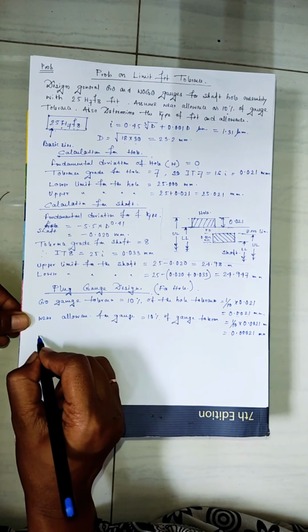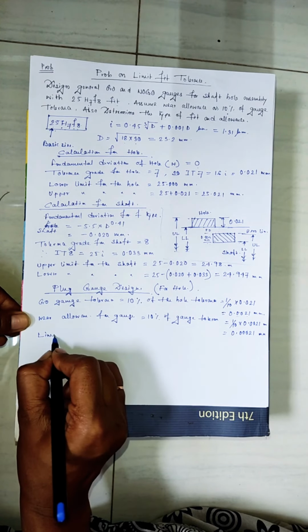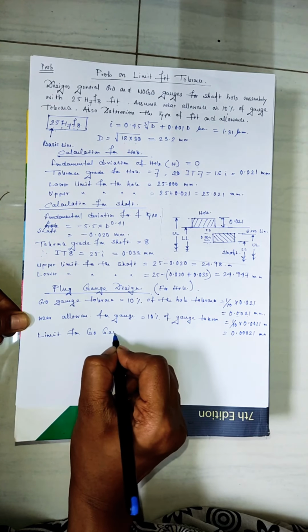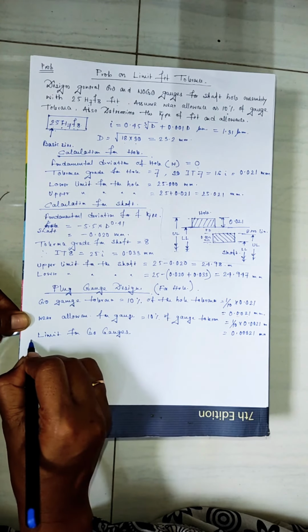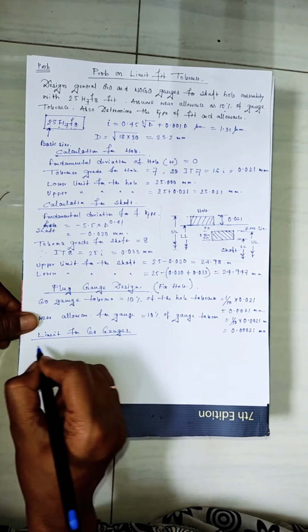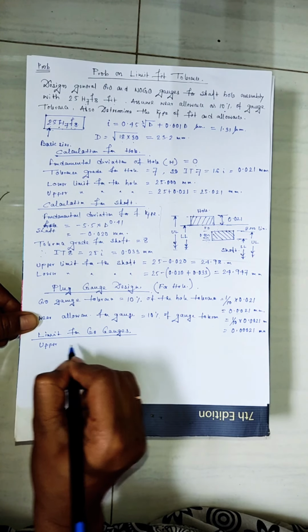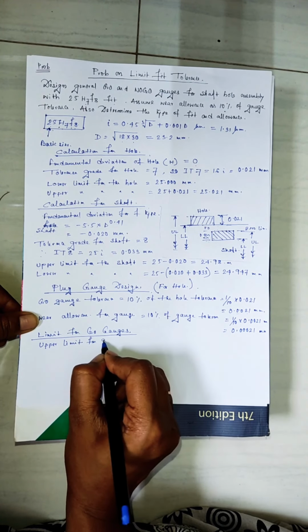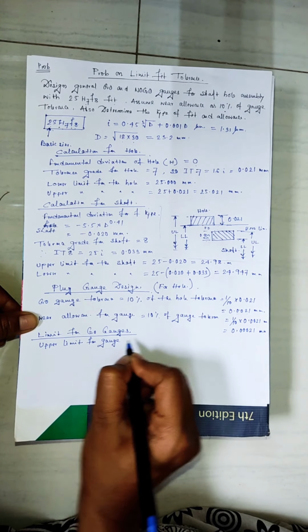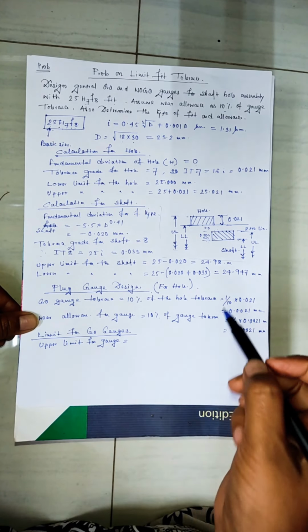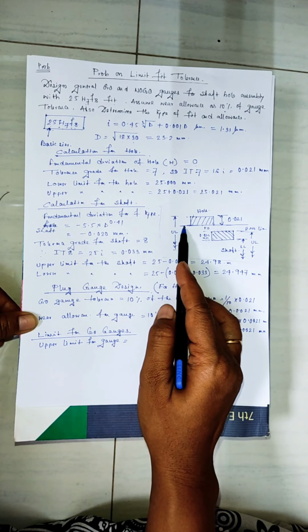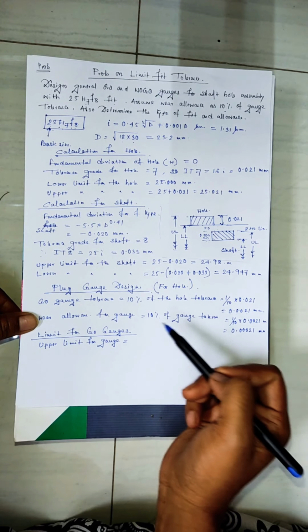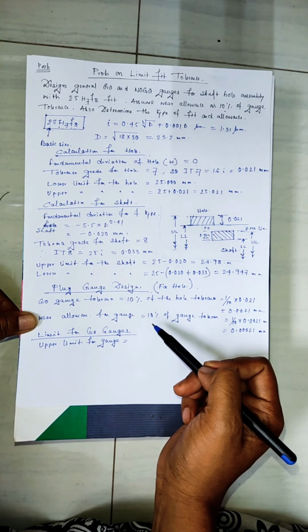So the limits for go gauges: the upper limit for the gauge is equal to basic size plus gauge tolerance plus wear allowance.